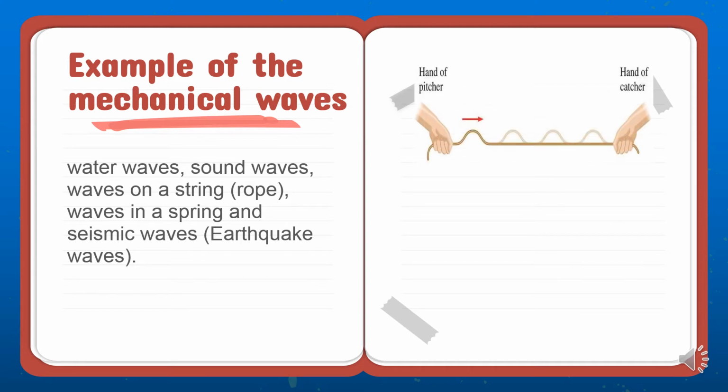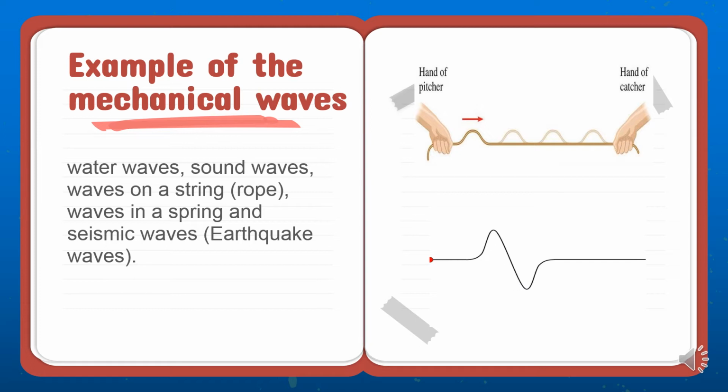The figure shows the hand of a pitcher and the hand of a catcher, where the hand of the pitcher acts as the source of disturbance. Then the energy transfers from one point to another along the rope.